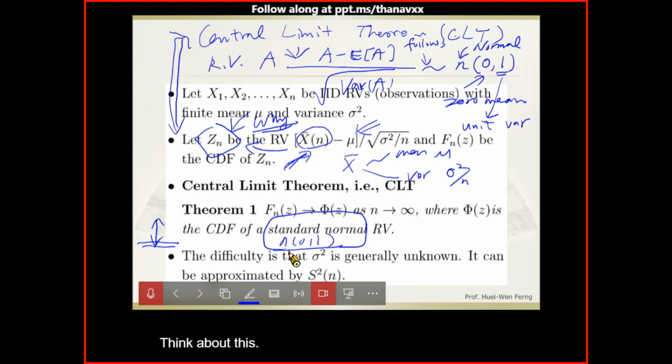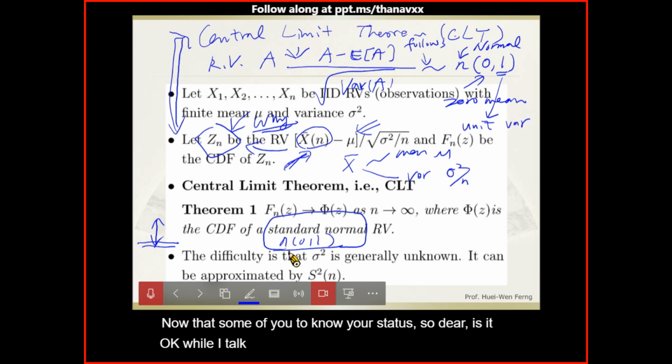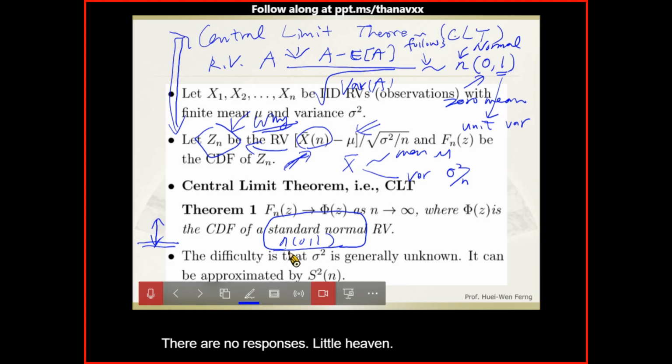Let me randomly nominate some of you to know your status. So, dear, is it okay? Dear? No response. Little Evan? About the current discussion?